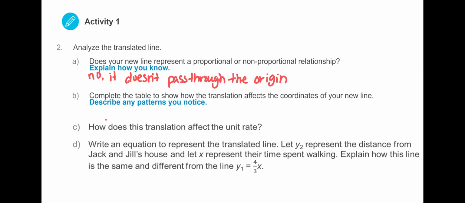Okay, so it says to complete the table, we already did that, and we are still going up at a constant rate of 4. Our rate stayed the same.